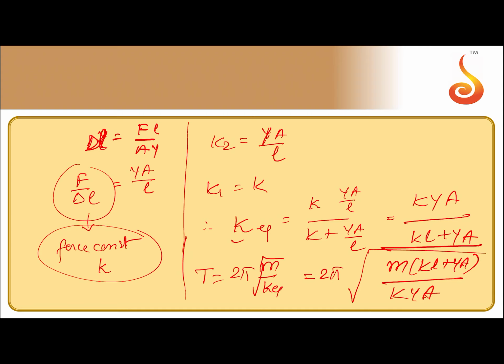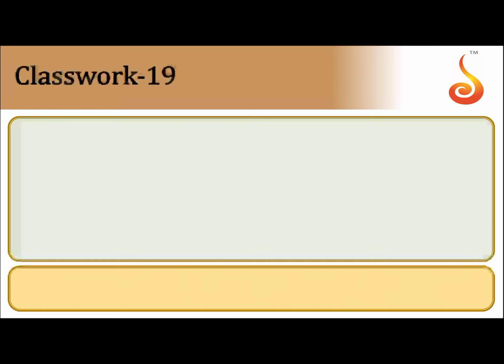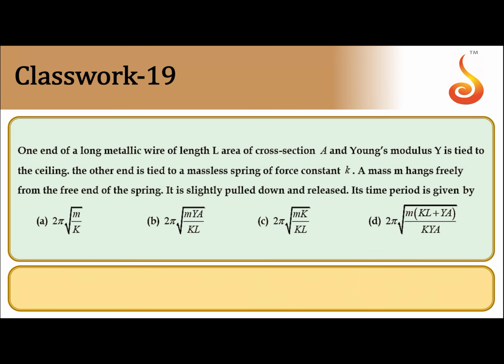So the time period of this arrangement is given by this particular equation: 2 pi root M into KL plus YA whole divided by KYA. Option D is correct.